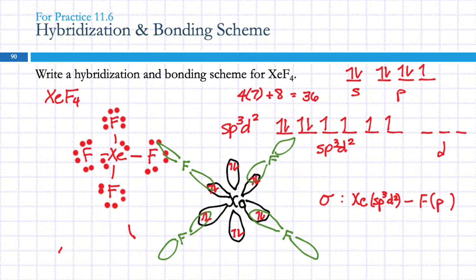Yes? What does the empty d orbital have to do with it? These don't do anything. I like to draw the empty d orbitals over there because we pulled in 2 of the d orbitals here, so we're showing some of them.